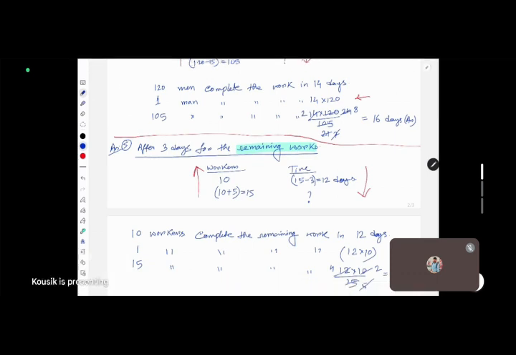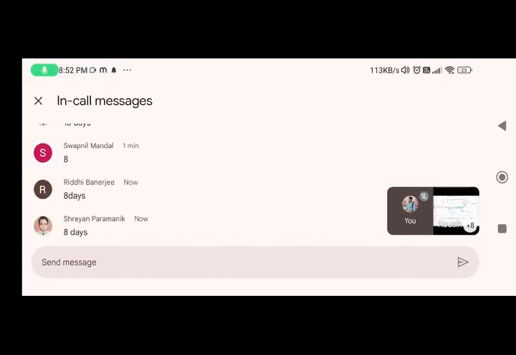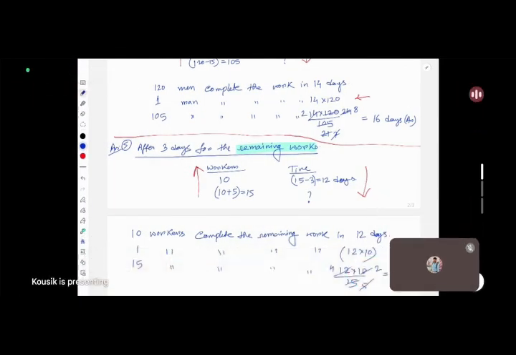হ্যাঁ, কোথায় তোর অ্যান্সার? 8 days. So that is not the actual answer, because this is the time for the remaining work, not the whole work. This is for the remaining work, তাই না? স্যার আমার আনসারটা ঠিক আছে? কত এসছে? 8 days। 8 days হচ্ছে remaining work.